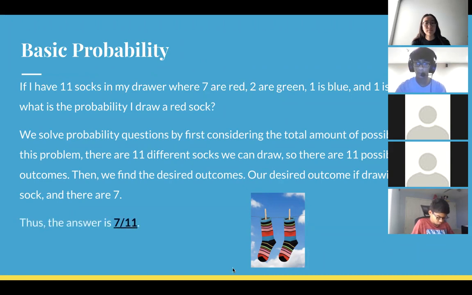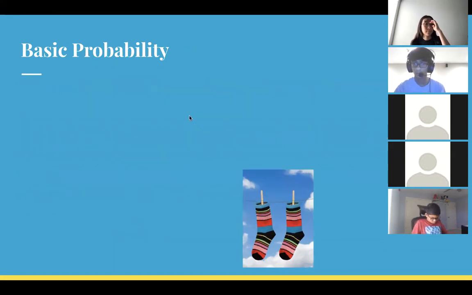And this is because, remember, probability is just going to be our desired outcome over the total number of outcomes. And so there are going to be 7 red socks, so 7 successes divided by 11 total, or the 11 total socks in the drawer. So the answer is going to be 7 over 11, right?